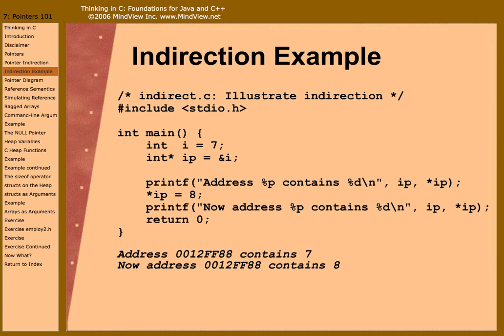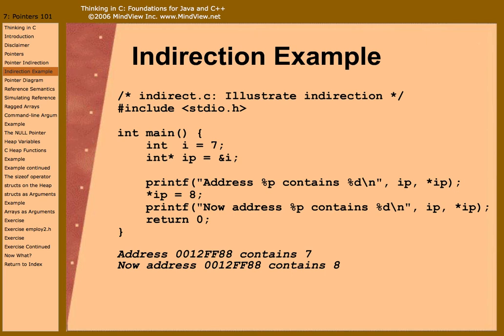So ip is a pointer to an integer. It is initialized with the address of i. So i holds a 7, ip holds an address which happens to be the place in memory where i is located. So we have two ways of getting at that memory. One is, of course, just referencing the variable i. And another would be to indirectly go through the pointer variable ip.